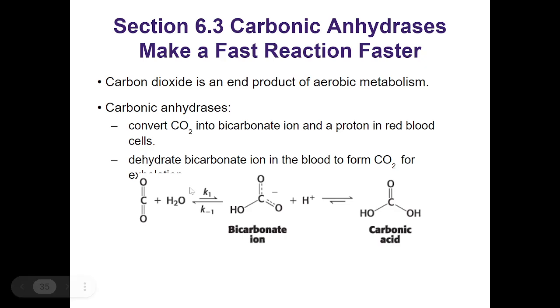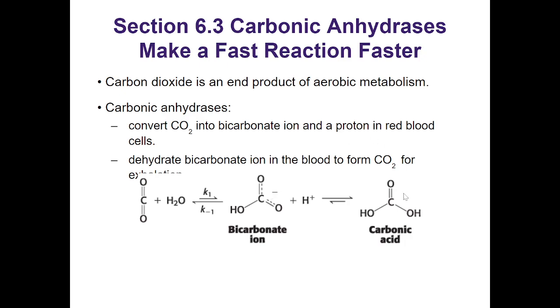Okay. This process right here is the carbonic anhydrases. So they'll convert the CO2 right here into the bicarbonate ion, which is already somewhat soluble. This also does act to increase the acidity, by the way. This is actually the major buffer system in our blood, in case you're wondering.